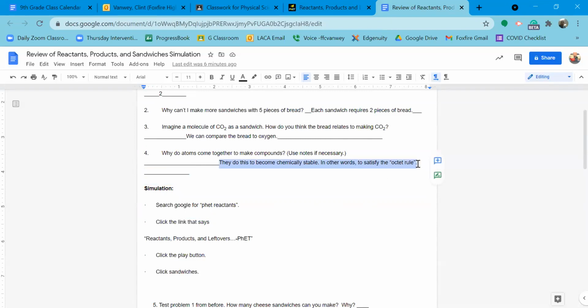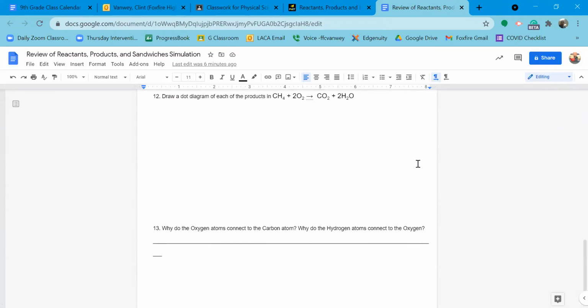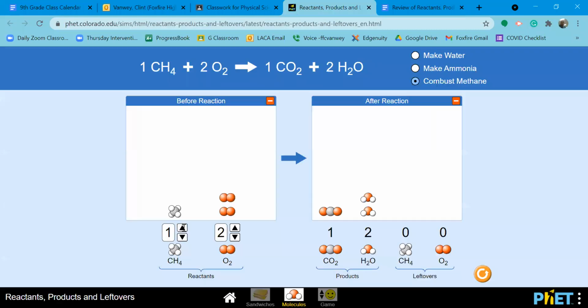So I'm just going to copy this answer. I'm going to bring it down here. And we'll put it in right here. This whole reaction happened because the oxygen wanted 8 electrons in its outer shell. This seeming desire of nature, okay, oxygen seems like it wants to do this, right?